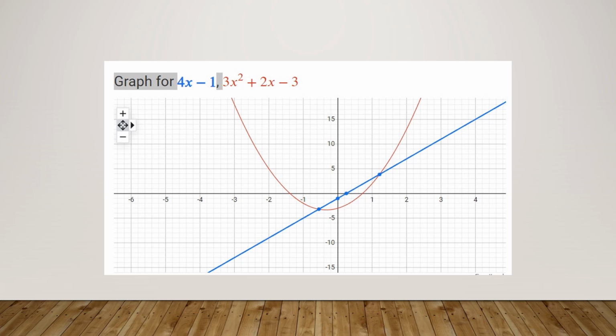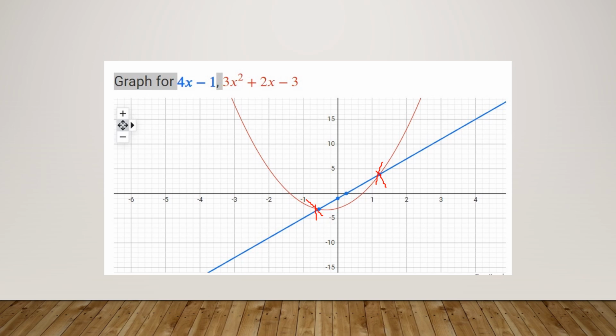So the points of intersection are right here and here. So we have two values for x and two values for y.